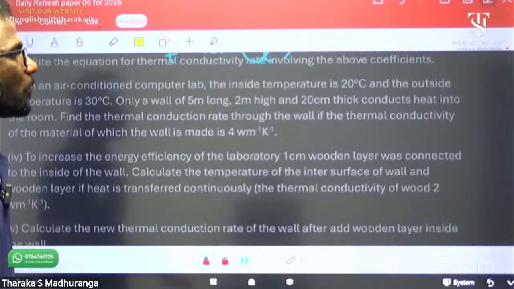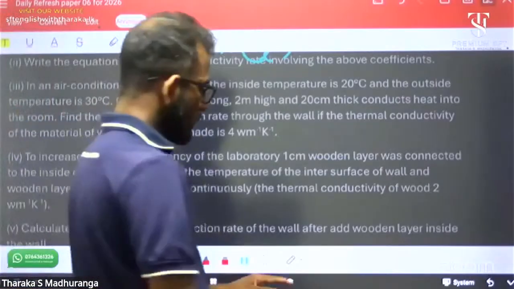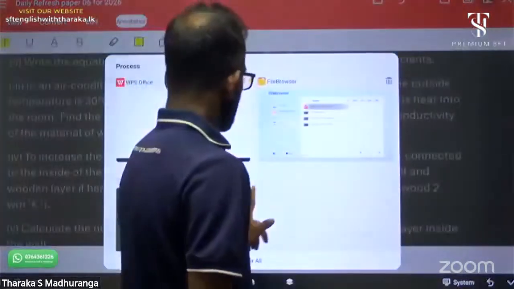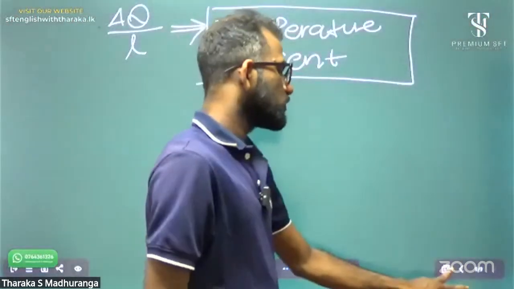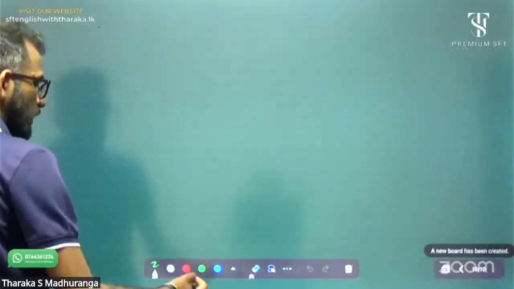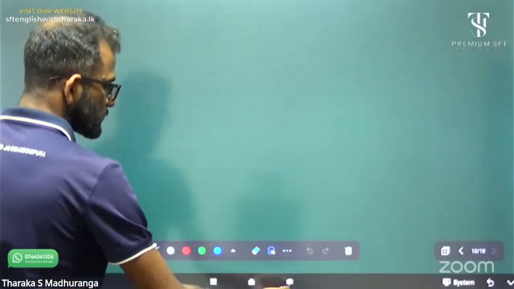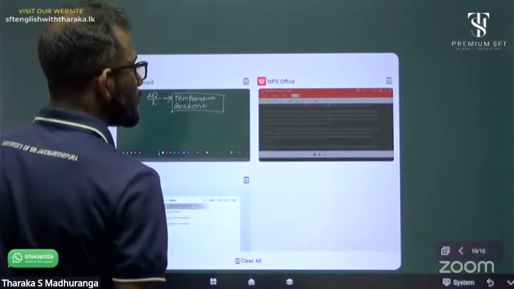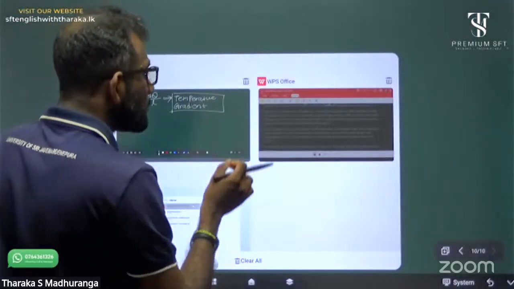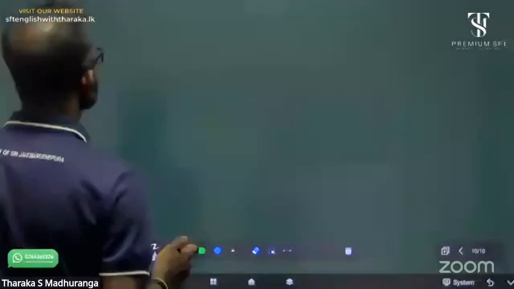Okay, very simple. All data is given. First of all, you can easily understand this type of question if you can draw a figure like this. An air conditioned computer lab, the inside temperature 20 Celsius.